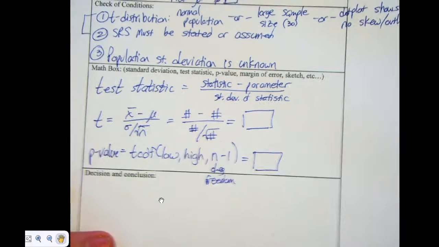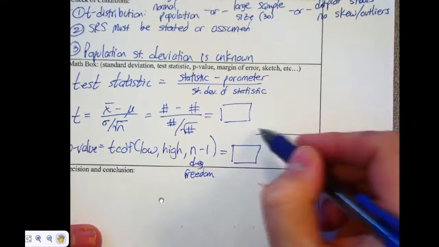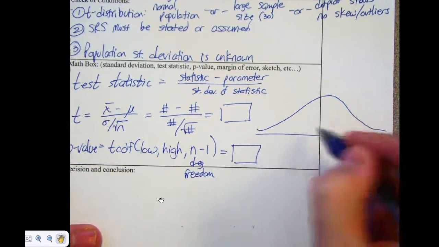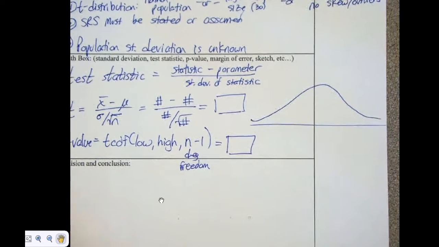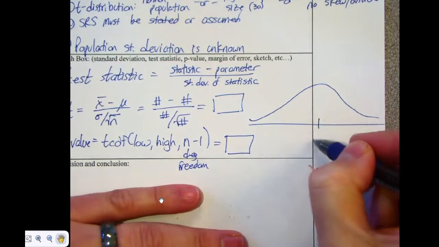Then you make a sketch. And the sketch can look a lot of different ways depending on if it's greater than or less than or not equal. So I'm just doing one example here.